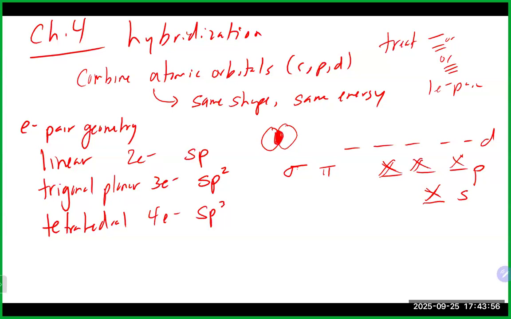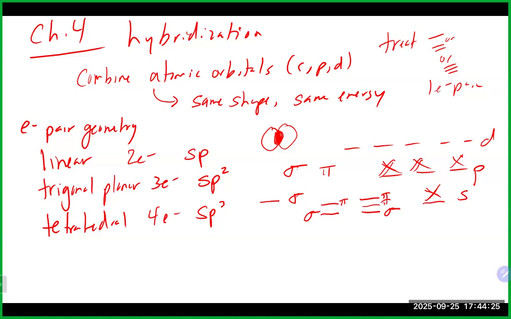Like we talked about last time, the first line drawn is a sigma bond, so a single bond is pretty much a sigma bond. Double bonds or triple bonds are made up of different types of bonds. The first line is the sigma bond, and the rest are pi bonds.